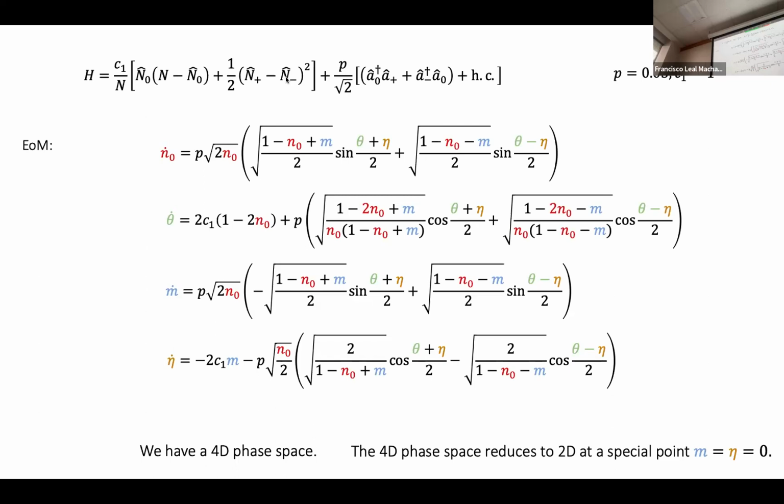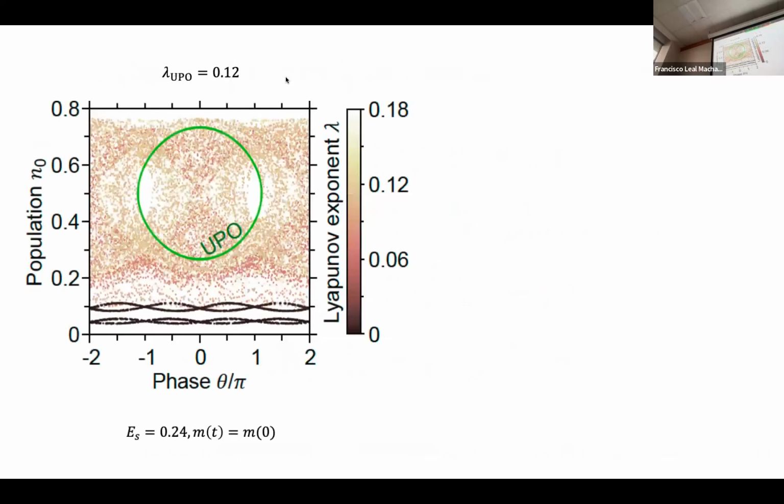Asking a similar question, if you go on the next plot, there's a bunch of dots. What determines them? Exactly. Maybe I actually skipped something here. What we're plotting here is the Poincare section.